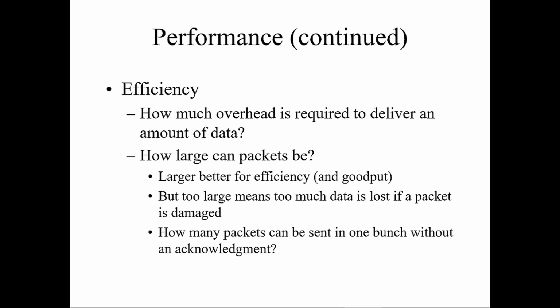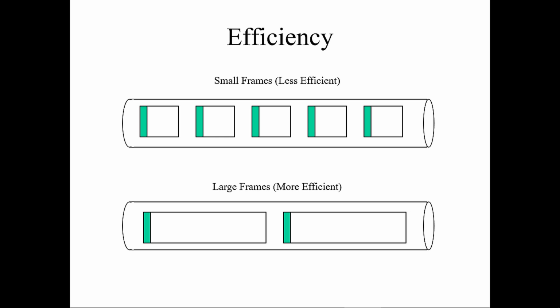How many packets can be sent in one bunch without any type of acknowledgement, assuming we're using connection-oriented communication, or TCP? So efficiency. Several large frames are more efficient than several small frames, with less overhead. However, if a large frame does need to be resent, that's a large amount of data.